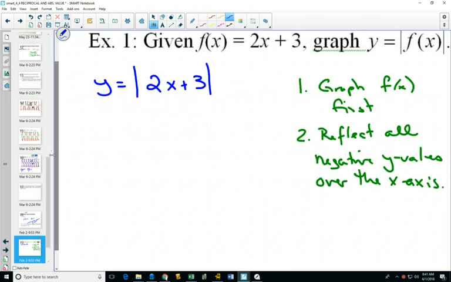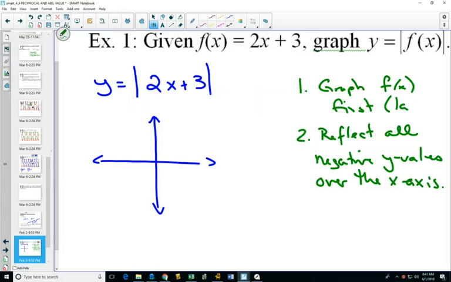So if I would graph 2x plus 3, okay, and I'm going to add to this, because they're going to be important points. When you graph your f of x function first, label your x-intercepts. So 2x plus 3, well, that has a y-intercept at (0, 3).